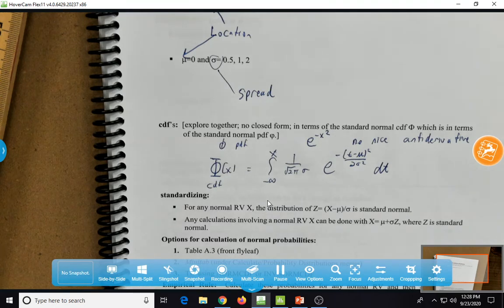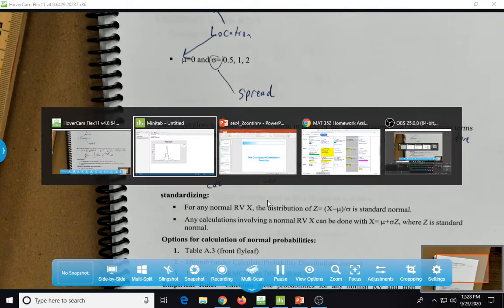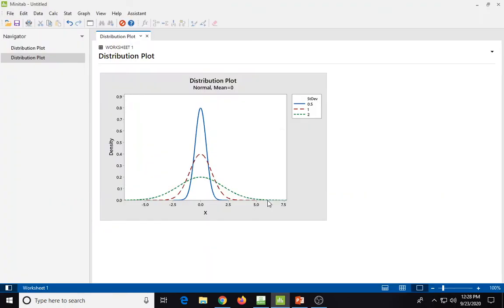Now, what we do is we standardize this. So anytime that we have a normal distribution, any normal distribution, we can put it into the standard normal form. And just do a change of variables. We just let z equal x minus mu over sigma.